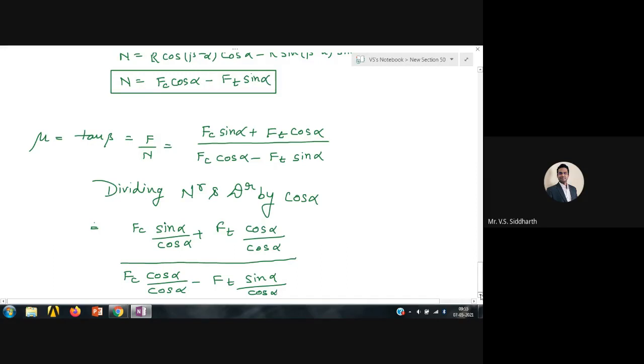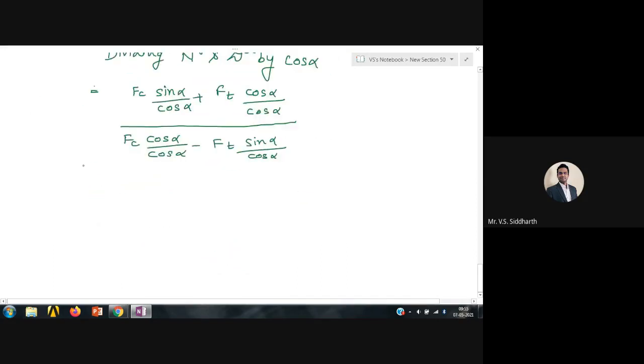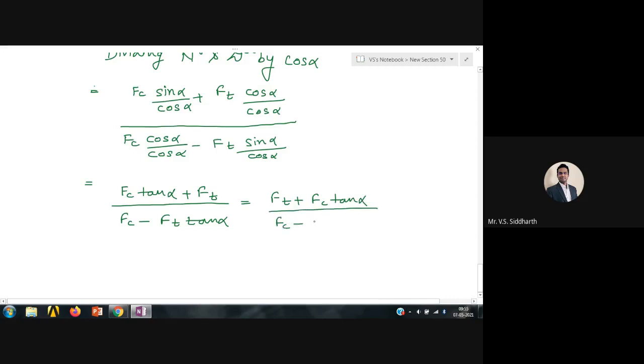That will be Fc tan alpha plus Ft divided by Fc minus Ft tan alpha. So I can rearrange it as Ft plus Fc tan alpha divided by Fc minus Ft tan alpha.